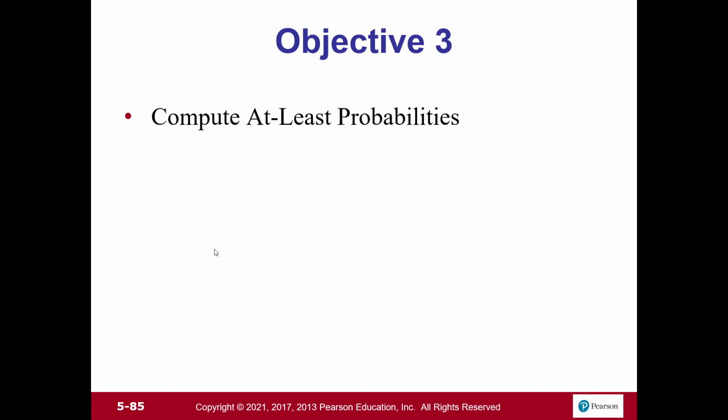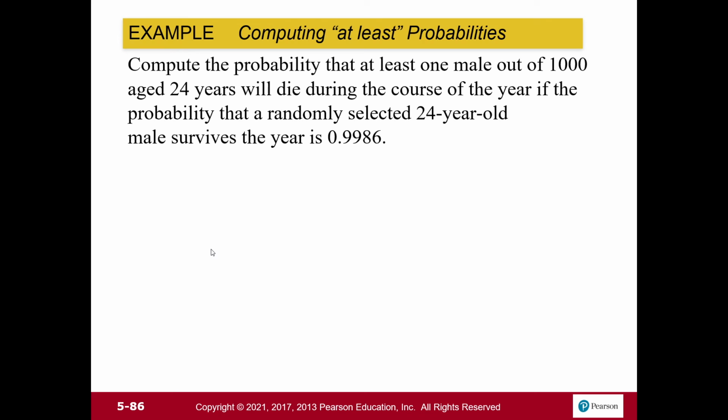Let's look at computing at least probabilities here. Compute the probability that at least one male out of 1,000 aged 24 years will die during the course of the year if the probability that a randomly selected 24-year-old male survives the year is 0.9986.